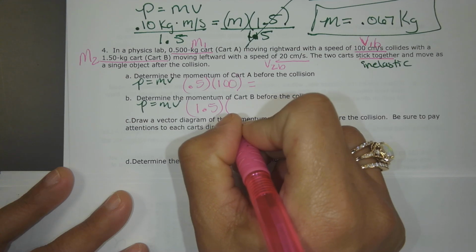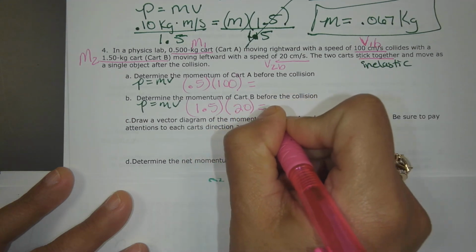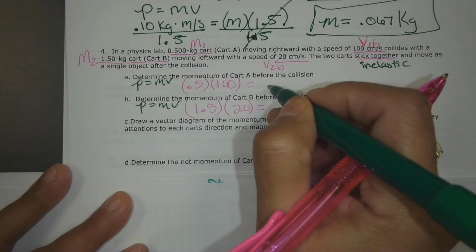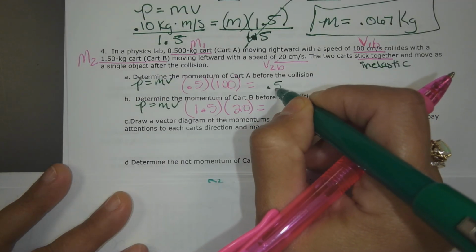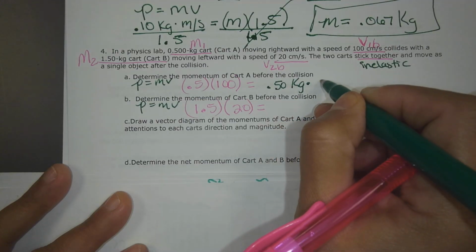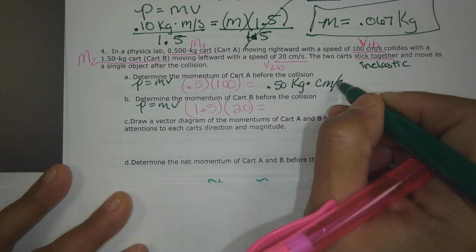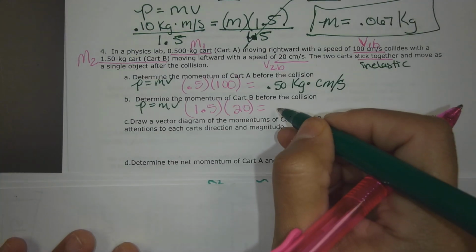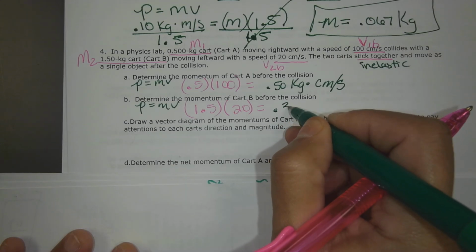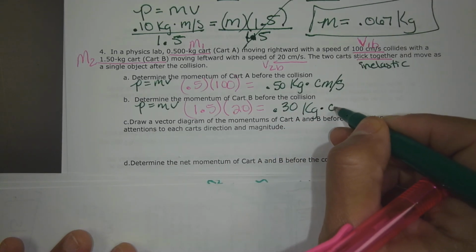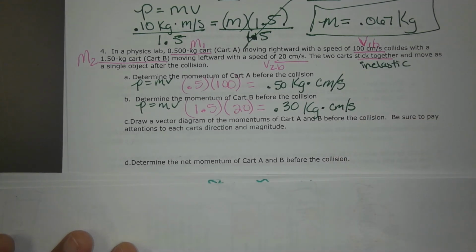Again, I'm asking you to please just ignore that vector quantity. And when I do the math, I actually ended up with 0.5 kilograms times centimeters per second, because that was the unit of its velocity. And then over here, I got 0.30, double check my math, kilograms times centimeters per second.